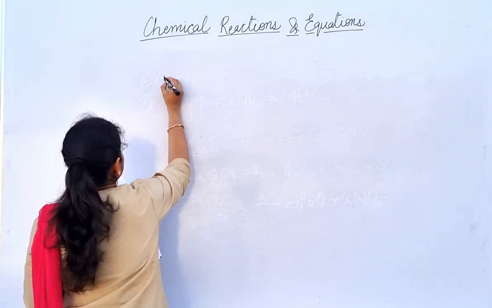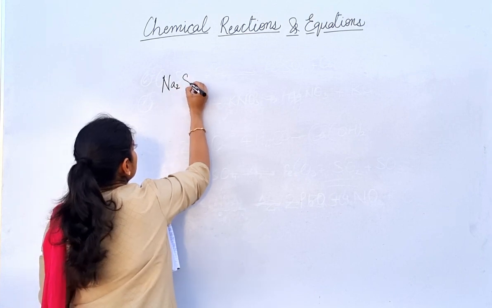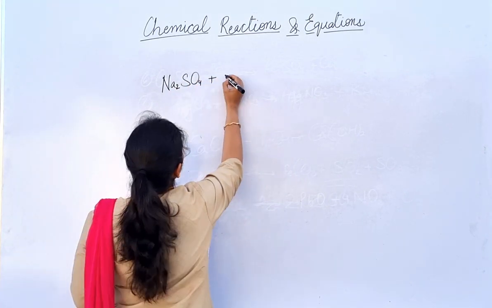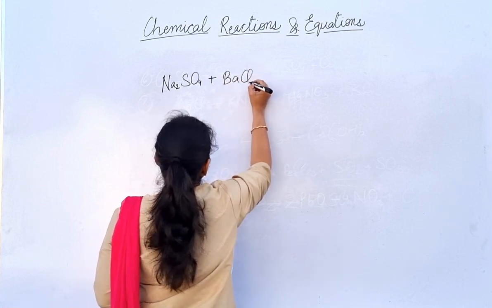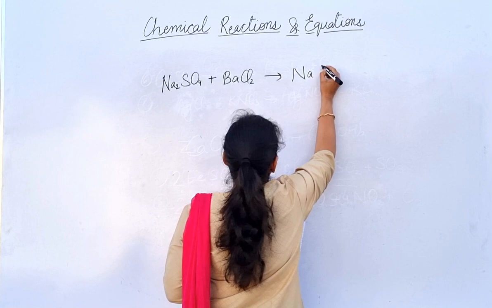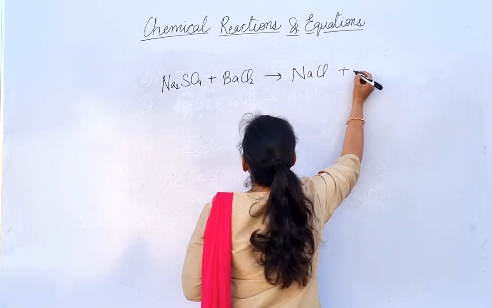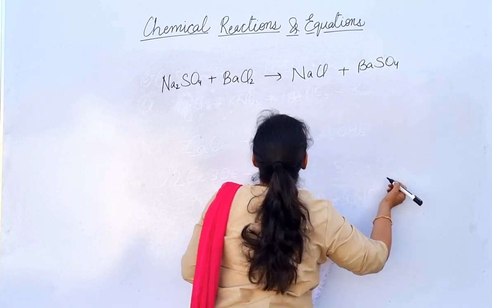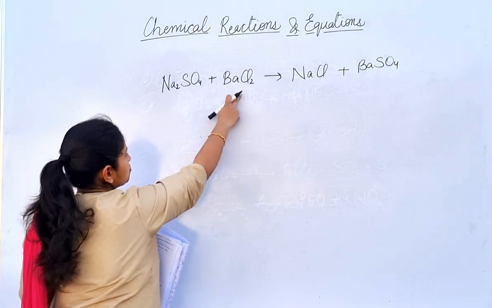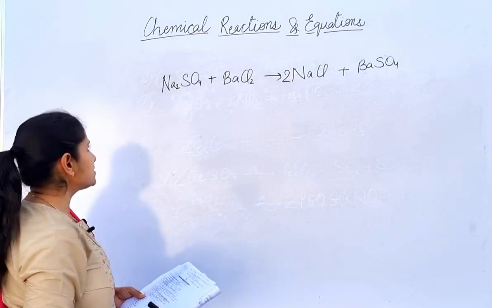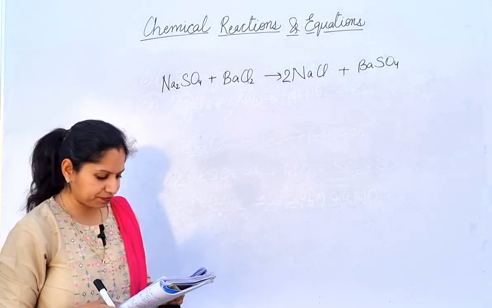Sodium sulfate is Na2SO4, combines with barium chloride, BaCl2, gives sodium chloride, that is NaCl, and barium sulfate, that is BaSO4. Here chlorine is 2, here also 2 sodium atoms are there, so you have to multiply NaCl with 2. Rest everything is already balanced.